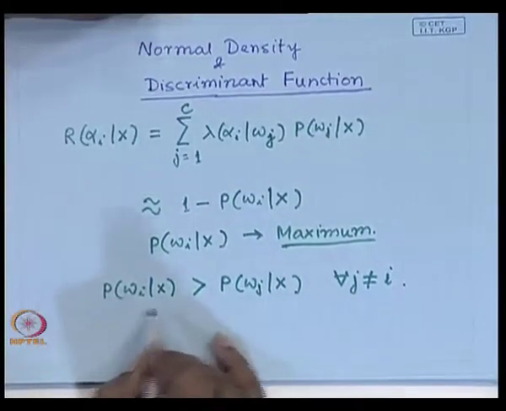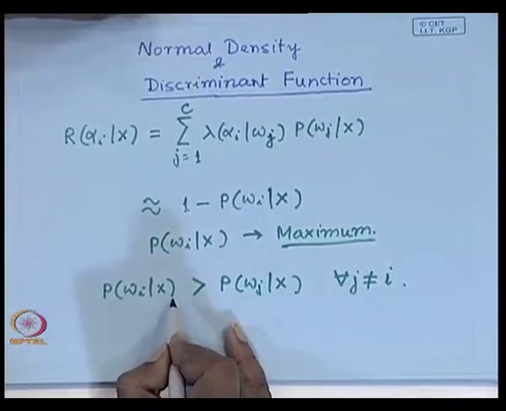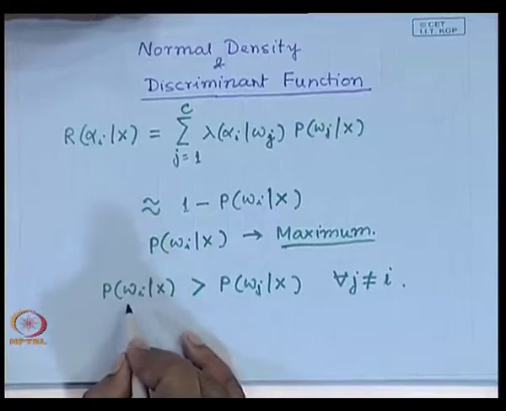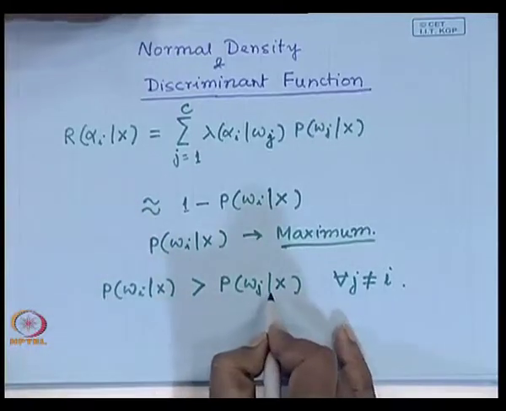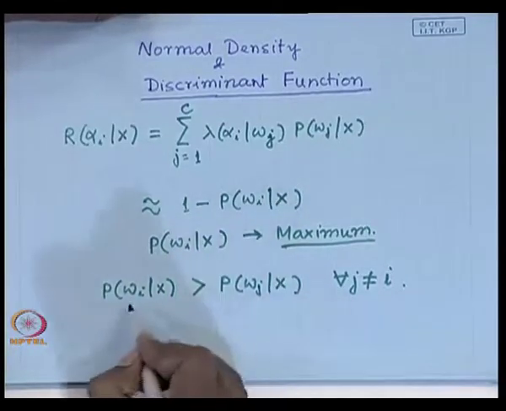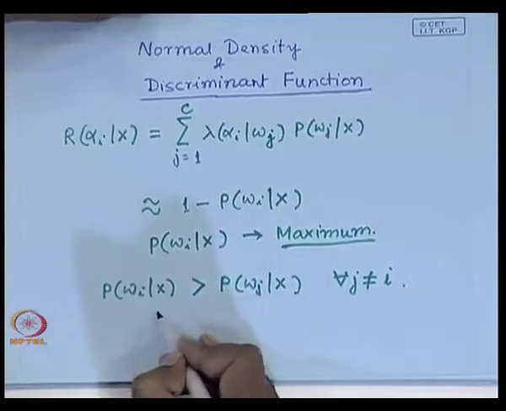So, this is the a posteriori probability, that given a feature vector x, what is the probability that x will belong to class omega I, and this is the probability that x will belong to class omega j. So, for that particular omega I where p of omega I given x is maximum, we have to classify x as belonging to that particular class.